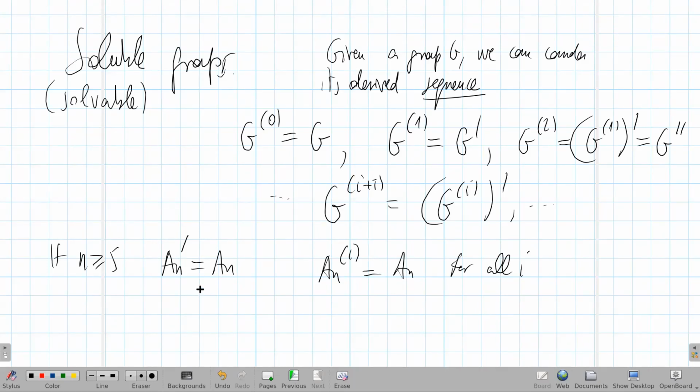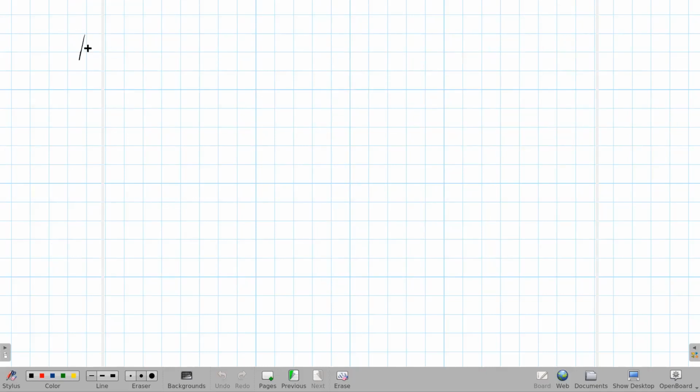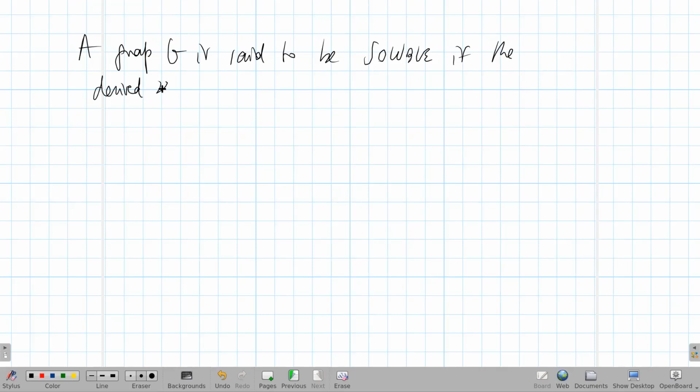So it's not necessarily a series, because for a series, except for the fact that I'm numbering from the top instead of from the bottom, you need this sequence to get to 1, to go from G to 1. And so here's the definition. A group G is said to be soluble, or solvable, sorry, if the derived sequence is a series.